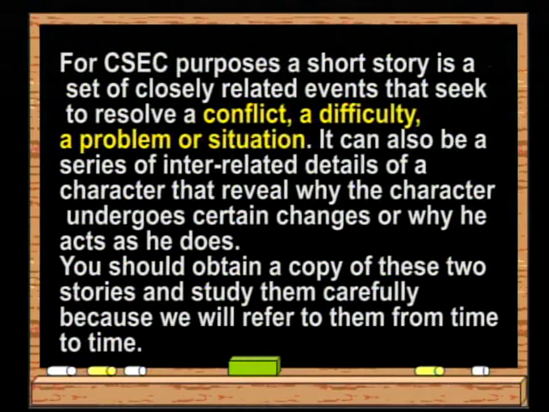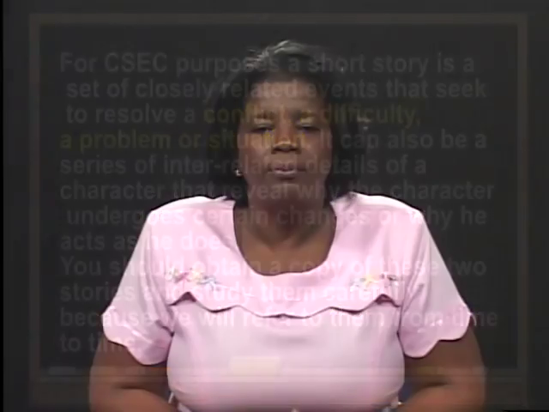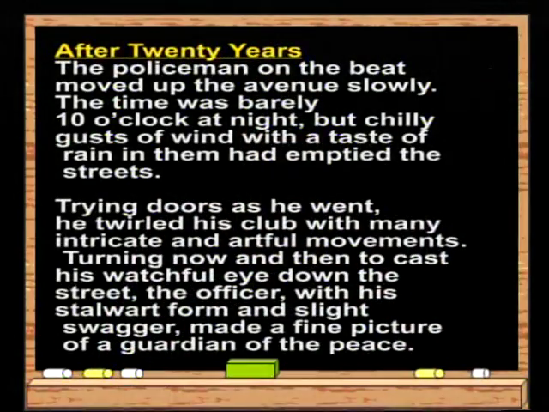You should obtain a copy of the two stories and study them carefully because we will refer to them from time to time. Short story 1, After 20 Years.